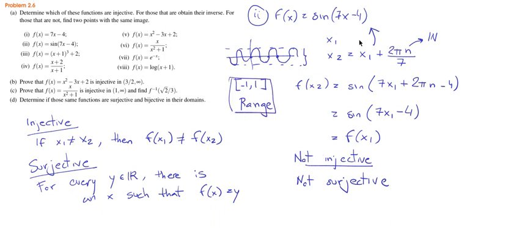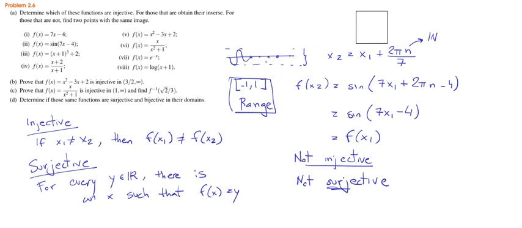So if you wanted, for instance, to write a 2 here, there's no way that you can find an x that, plugged in here, gives you 2. There's no solution for that, so that's why the function is not surjective. And because it's not injective and not surjective, obviously it will not be bijective. Is this clear? I hope it is.